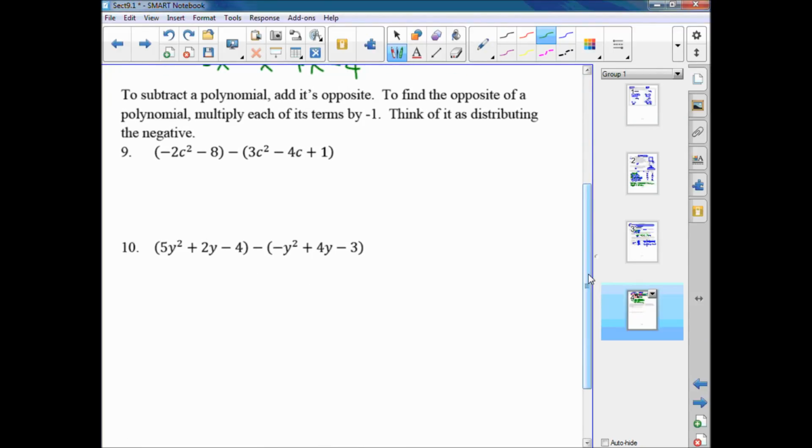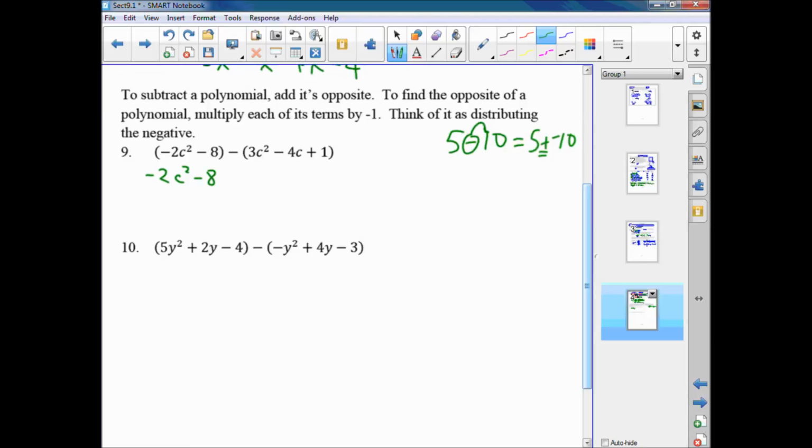All right, so subtracting polynomials is very similar. What we're really doing is adding the opposite. So just like when you did something like this, 5 minus 10, that's the same as 5 plus negative 10. We distribute that negative to the 10 and change it to adding. Okay, so we're going to do the same thing here. We're going to change these to adding. So the first one is not going to change.